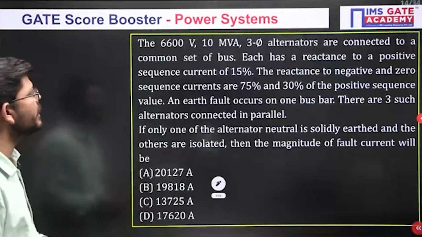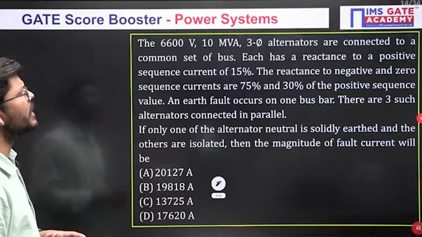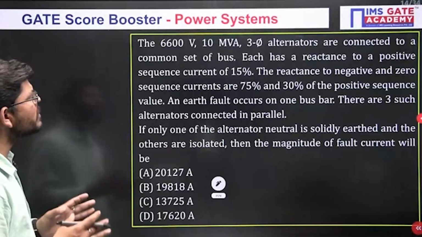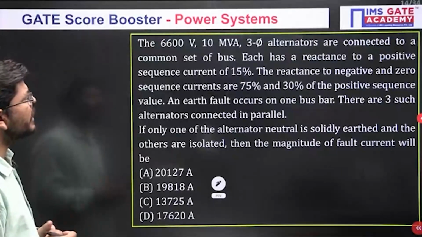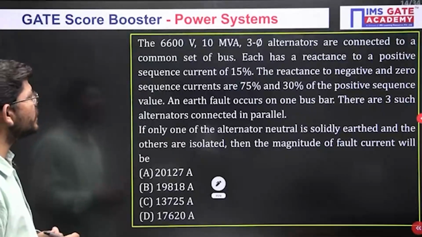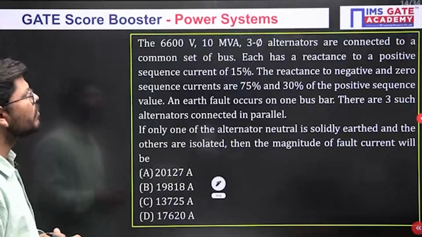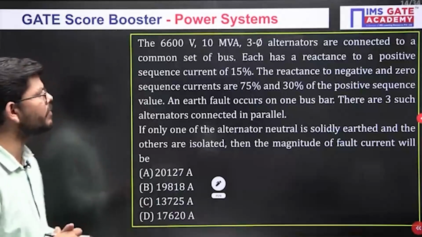So what is given here is, three 6600 volt, 10 MVA three-phase alternators are connected to a common bus. Each has a reactance to positive sequence current of 15%. Okay, positive sequence reactance is 15%.